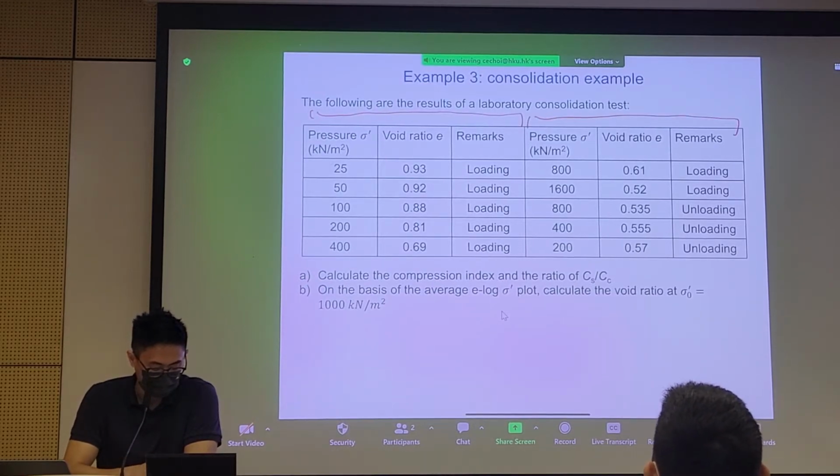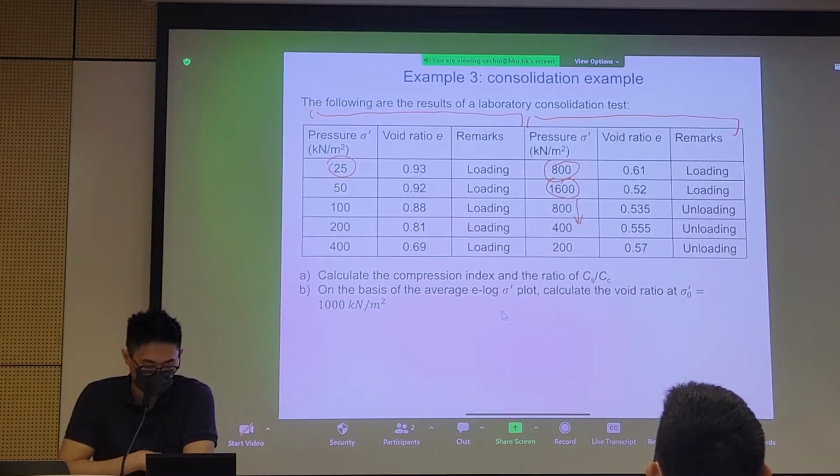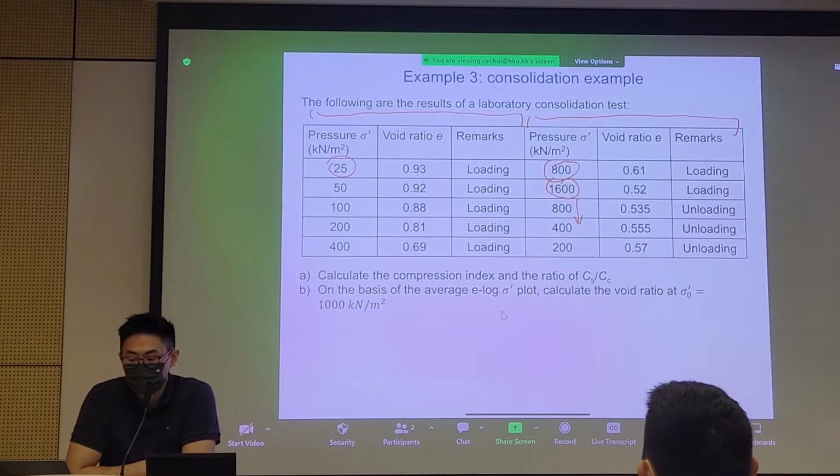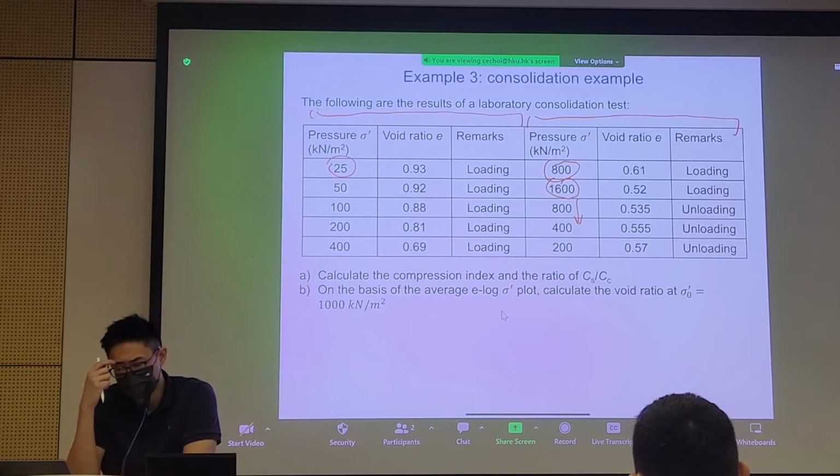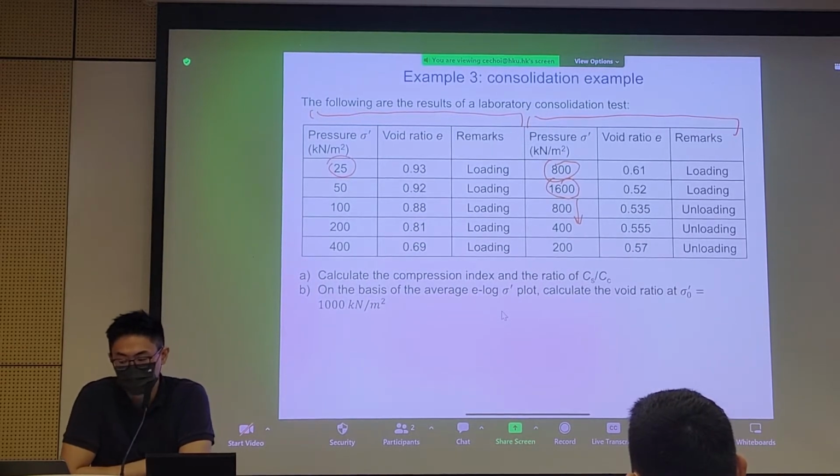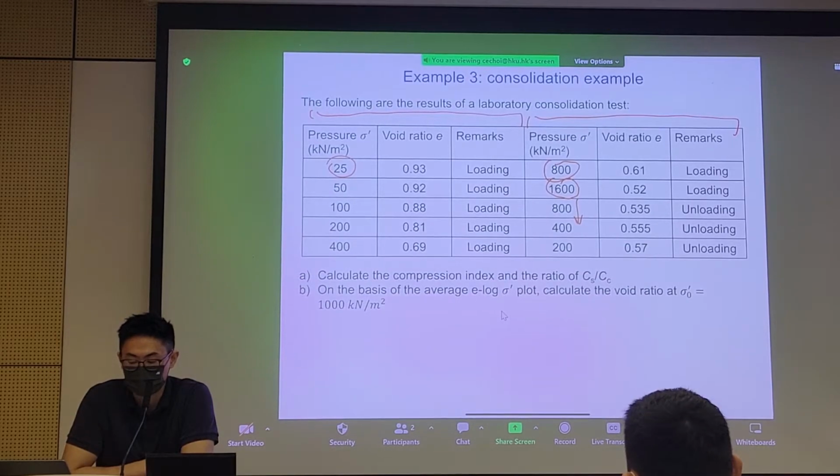So we start at 25 kPa, and then we go to 800 and 1600, and then we unload. So essentially we're loading the soil and then unloading. And what you're asked for is to calculate the compression indices. But instead they ask you to calculate the ratio of the swelling to compression index. Nevertheless, you have to calculate both to obtain that.